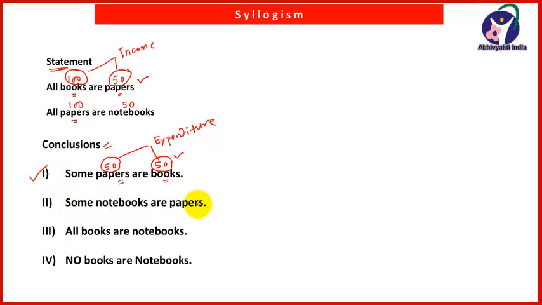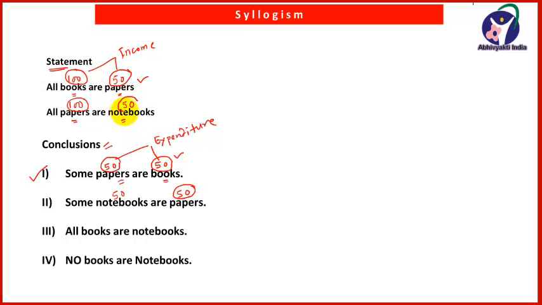Some notebooks are papers. It begins with some, so the subject will be 50, the predicate will be 50. Notebooks and papers we get in the second statement. Now papers have 100 as income and 50 as expenditure, which is possible.